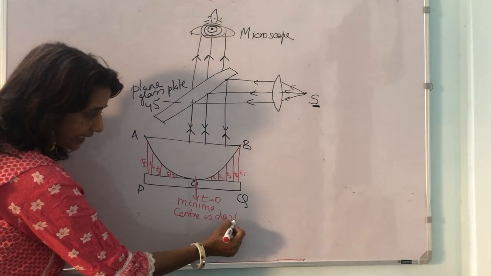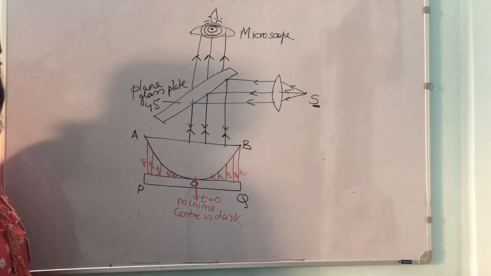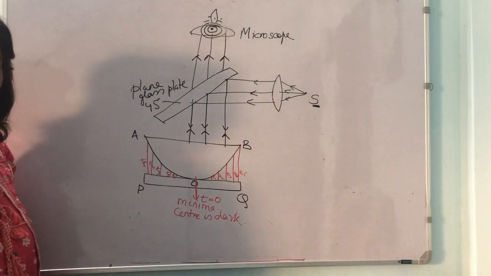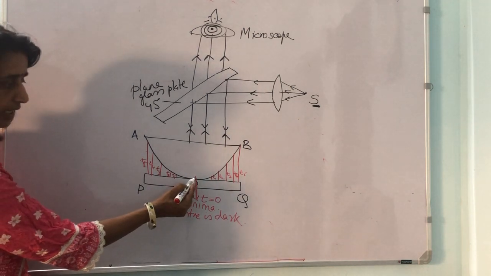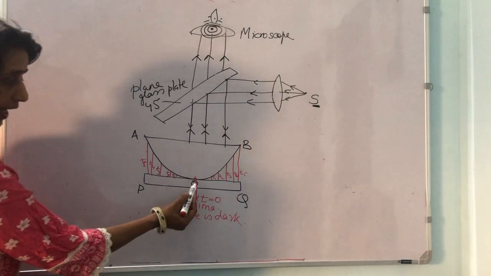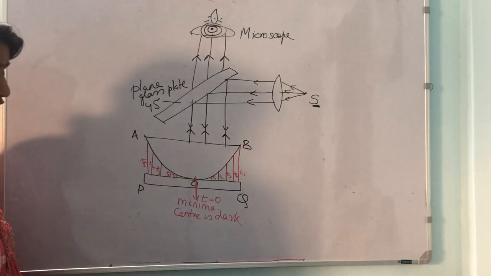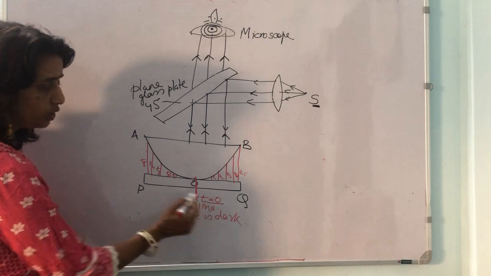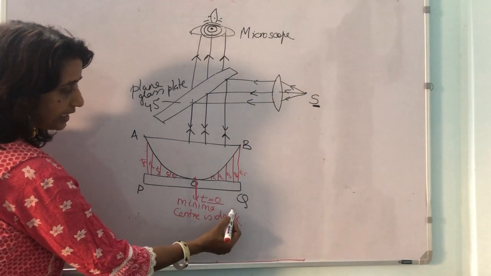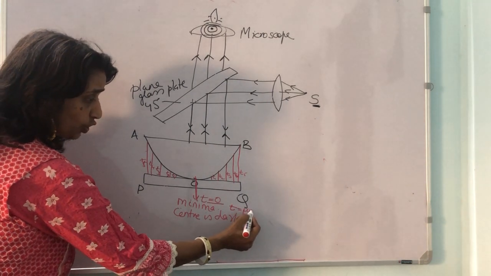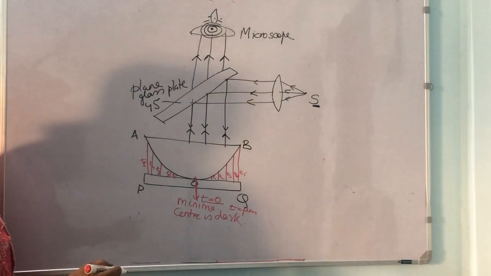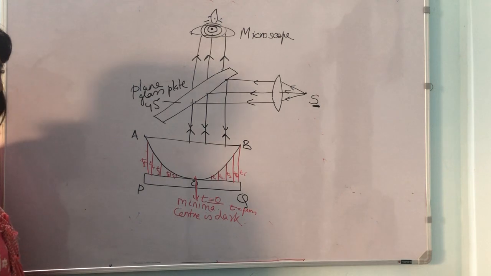But at times when you perform the experiment in the lab, you find that the center is not dark. This can happen due to the presence of a dust particle, and when a dust particle comes here, you cannot put t equal to 0. That dust particle will carry some thickness, maybe in microns. So then it is not the case of minima and the center is not dark.